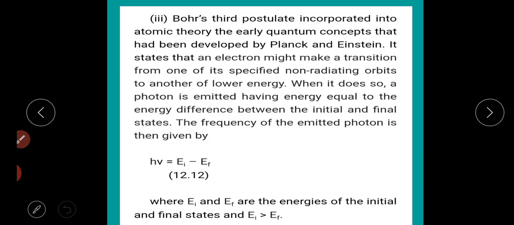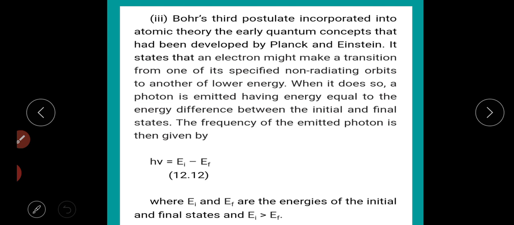Let us study the third postulate. Bohr's postulate of early quantum concepts states that an electron jumps from a higher energy level to a lower energy level, radiating energy in the form of a photon.